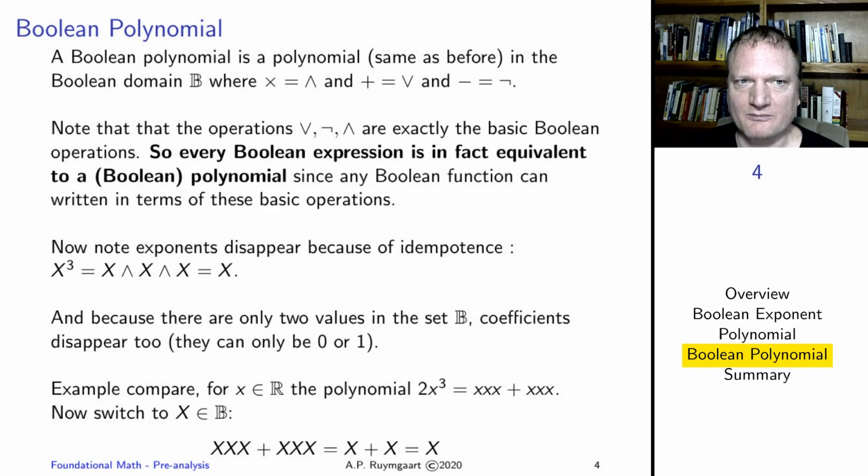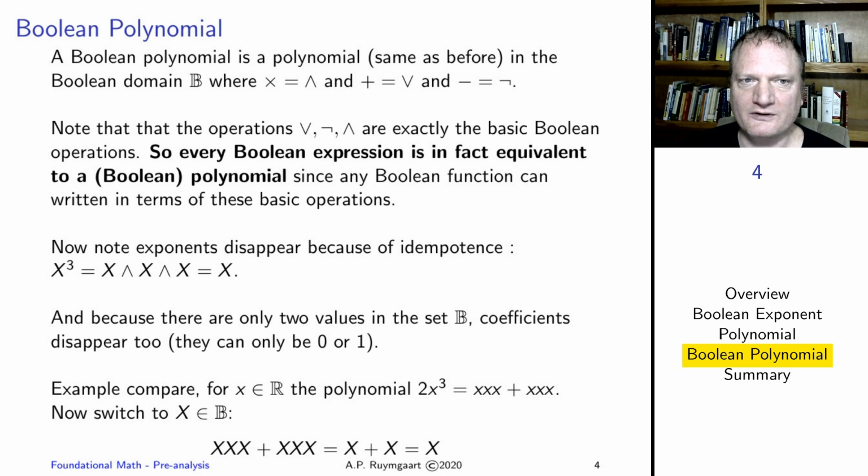Now let's look at Boolean polynomials. A polynomial on the Boolean domain has the same definition as before. So we have an expression that consists of just multiplication, addition, and negation, or on the Boolean domain, these are the AND, OR, and NOT operations.